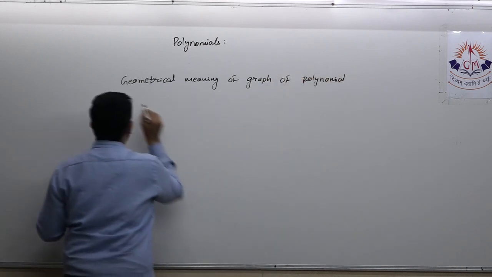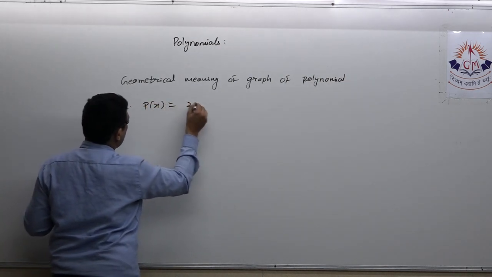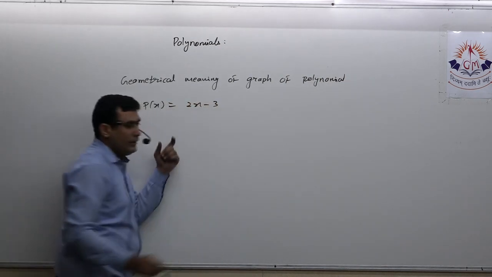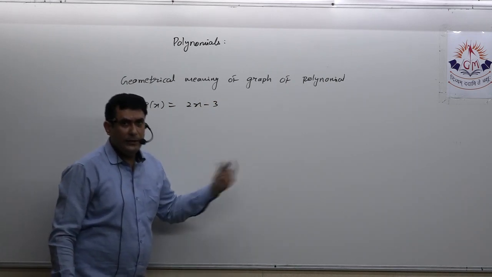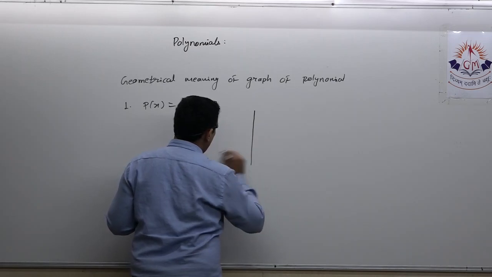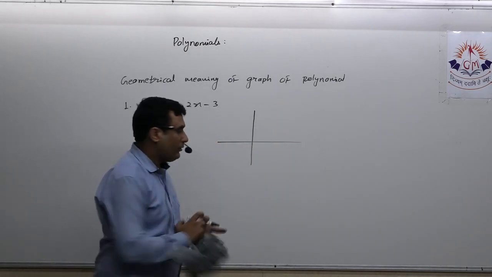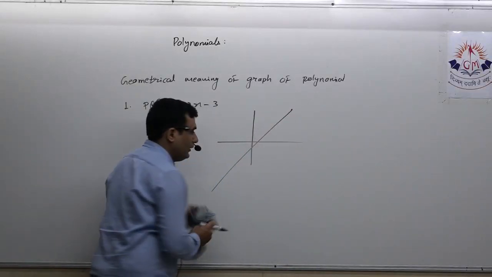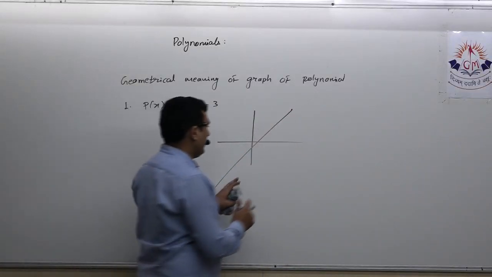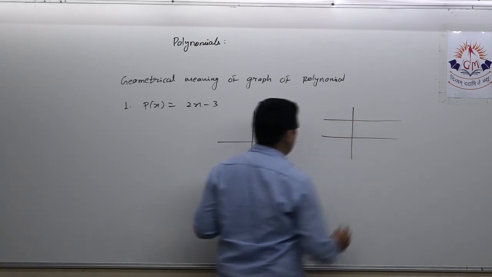Okay, see, the very first thing, suppose I take a polynomial p(x) = 2x minus 3. That means I take a linear polynomial. What you have to remember is that for a linear polynomial, the graph is always a straight line. So this might be one condition, or this might be the second condition.